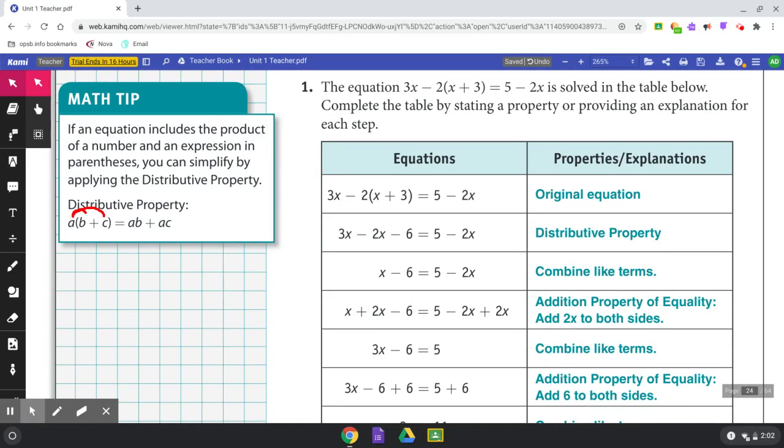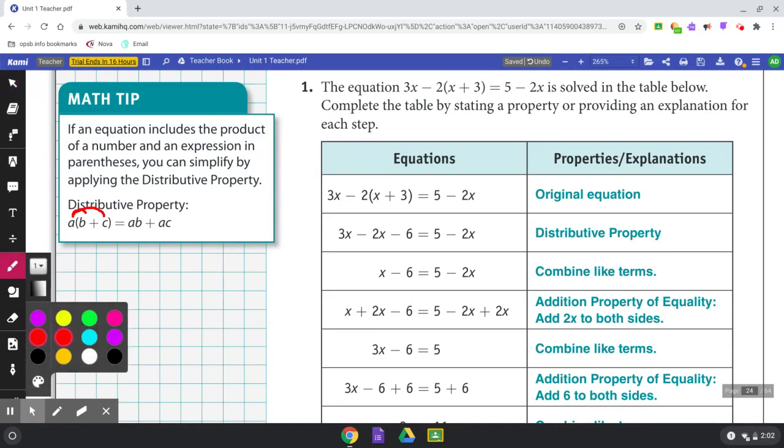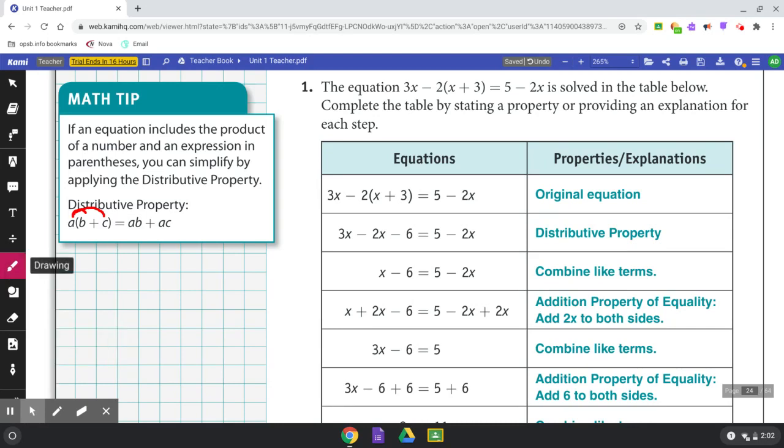Okay, so this is a chart that shows all of these step-by-steps on how to solve this equation. So you first want to distribute. You need to distribute before you do anything else. You need to distribute the -2 into x and the -2 into +3.